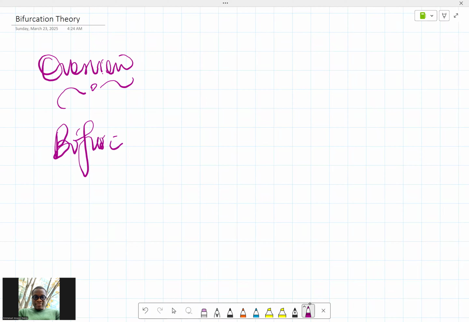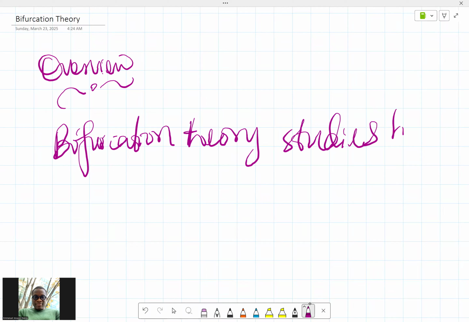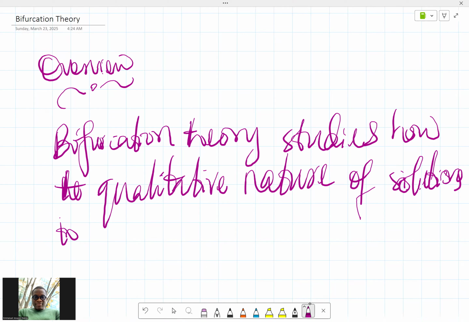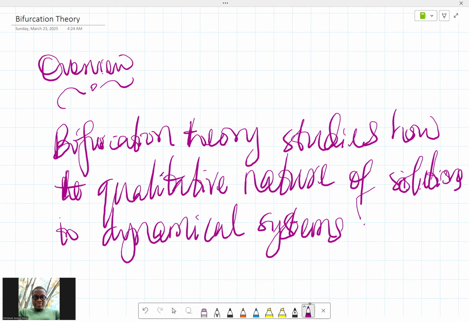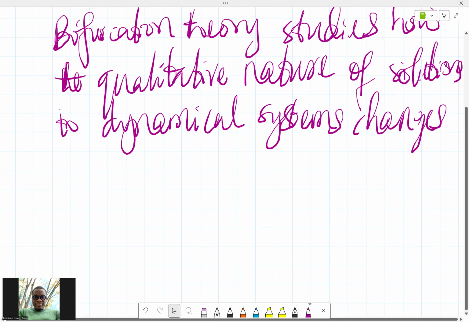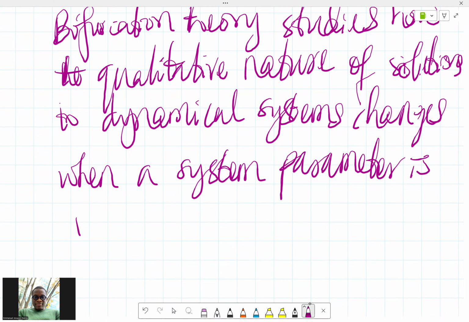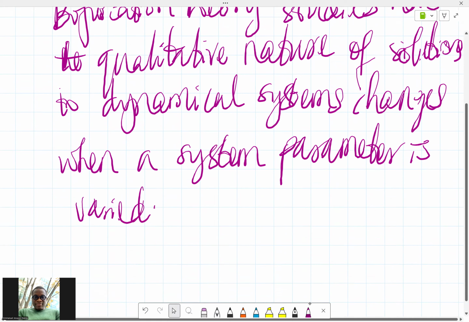For starters, bifurcation theory studies how the qualitative nature of solutions to dynamical systems changes when a system parameter is varied. So as you vary a parameter, what happens to the system? That's what bifurcation theory studies.